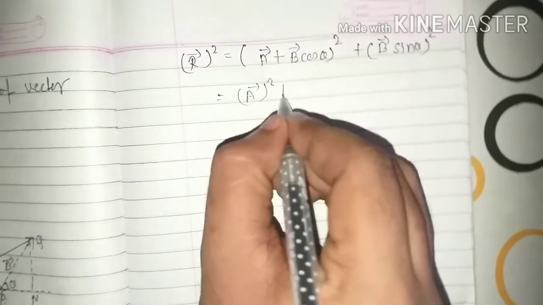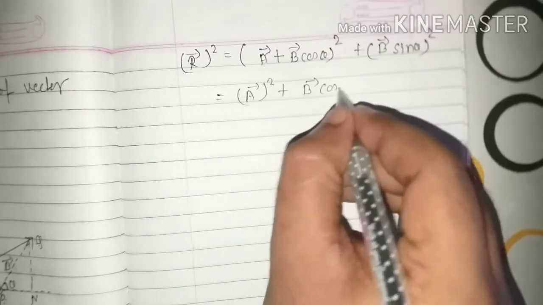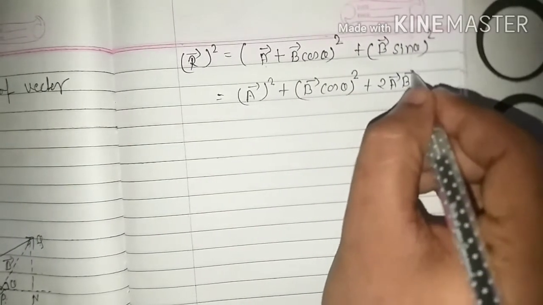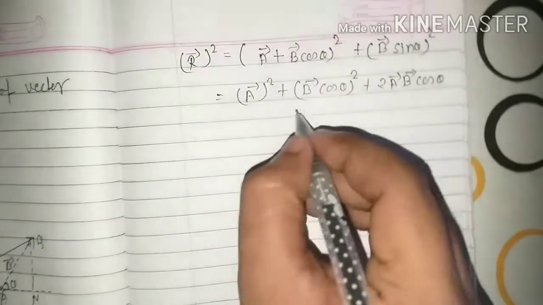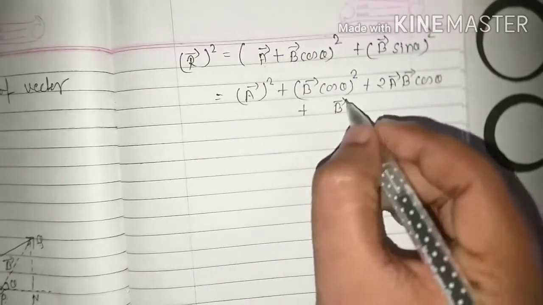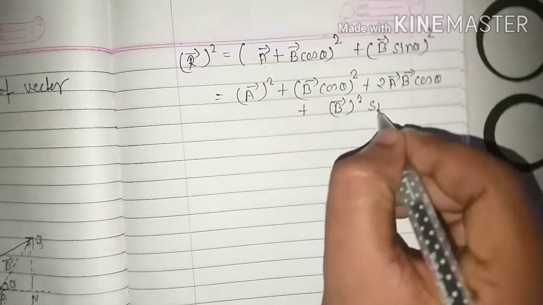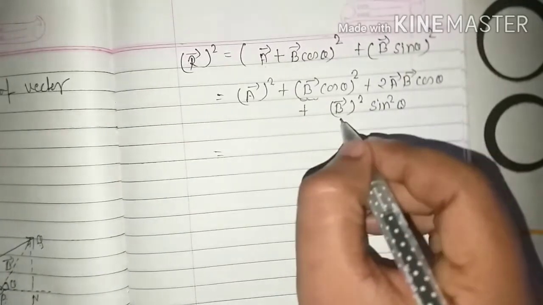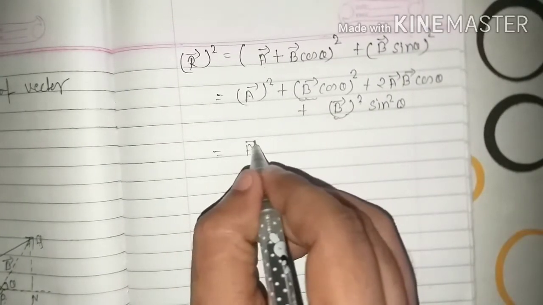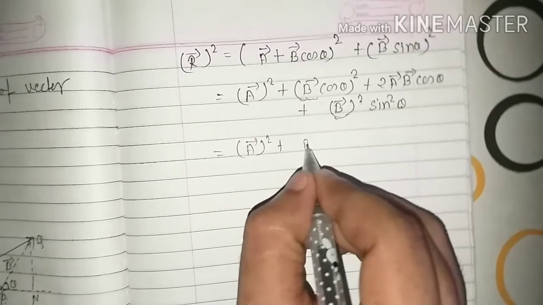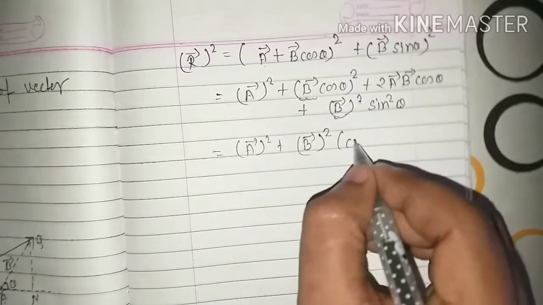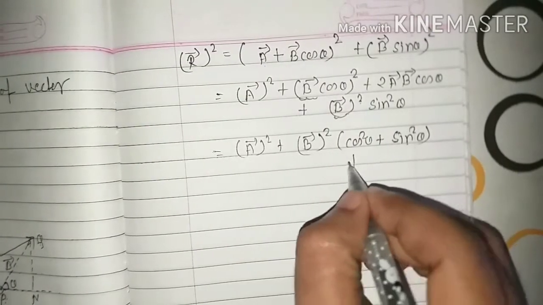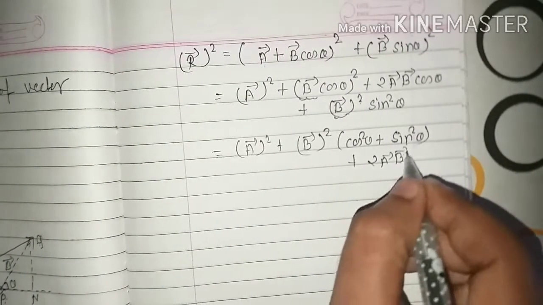So vector A square, plus vector B cos theta whole square, plus 2 vector A vector B cos theta, plus vector B square sin square theta. You can see here also B square, here also B square. So vector A square plus vector B square (cos square theta plus sin square theta), and 2 vector A vector B cos theta.